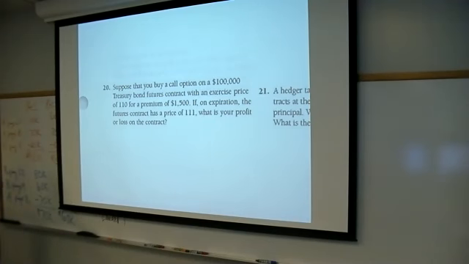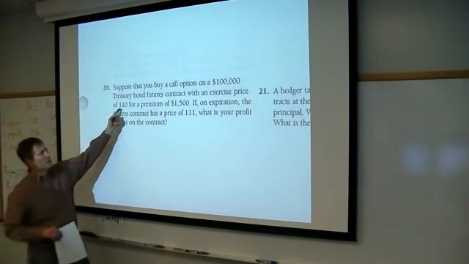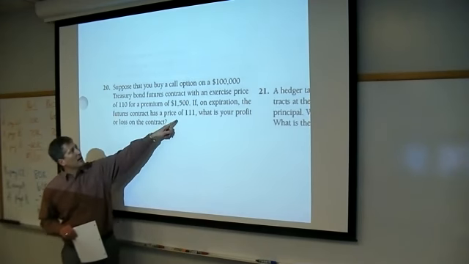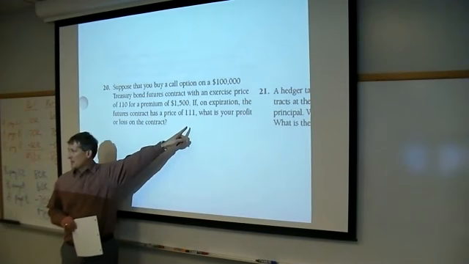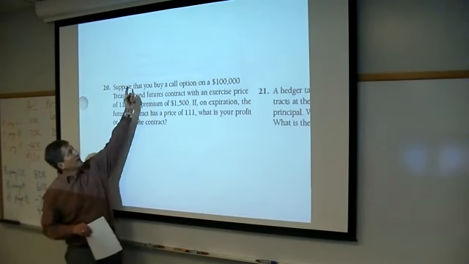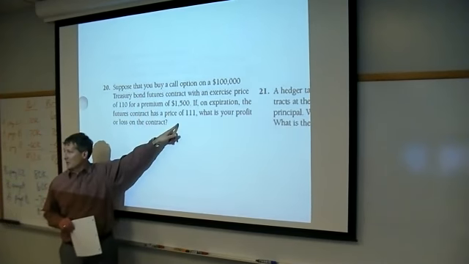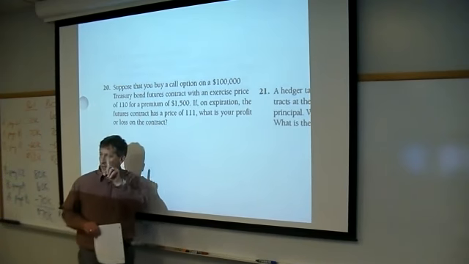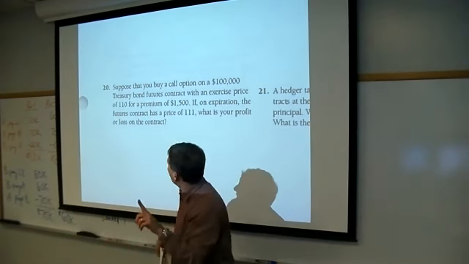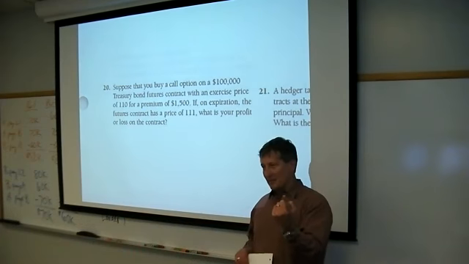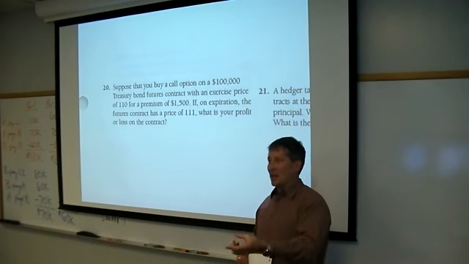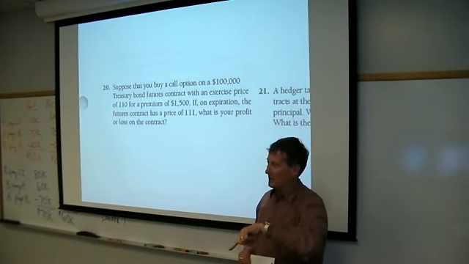You are what we call in the money. So you have an executable contract here where you're in the money by $1,000, 1 point. 1 point of the 100,000 is $1,000. So you're up 1,000. But what did you pay for the option? 1,500. So you're actually down 500.